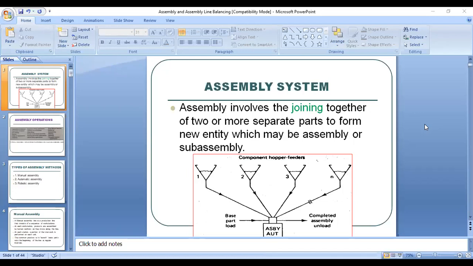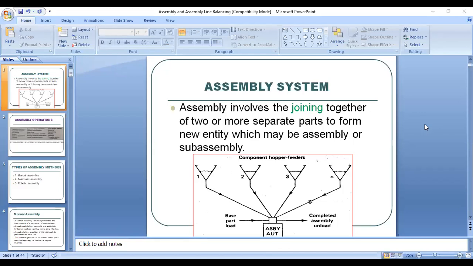So similarly here, we're looking at assembly. As we know, assembly is the joining together of two or more separate parts to form a new entity, which may be an assembly or a subassembly. It does not have to be an assembly itself.